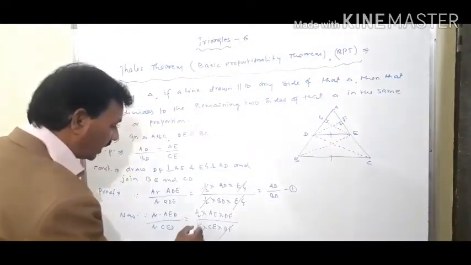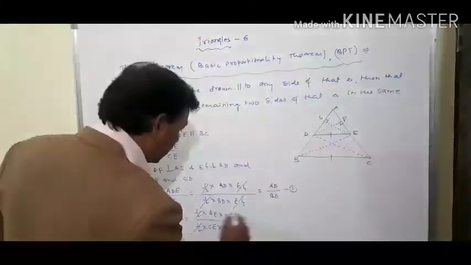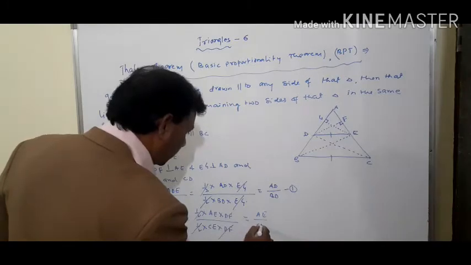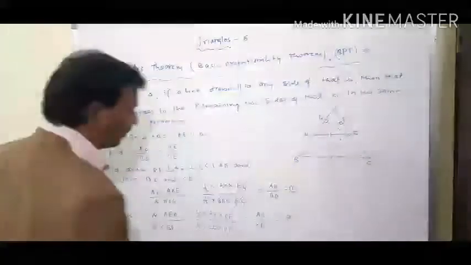DF and DF will cancel, half and half will cancel. Remain AE upon CE. This is equation second.